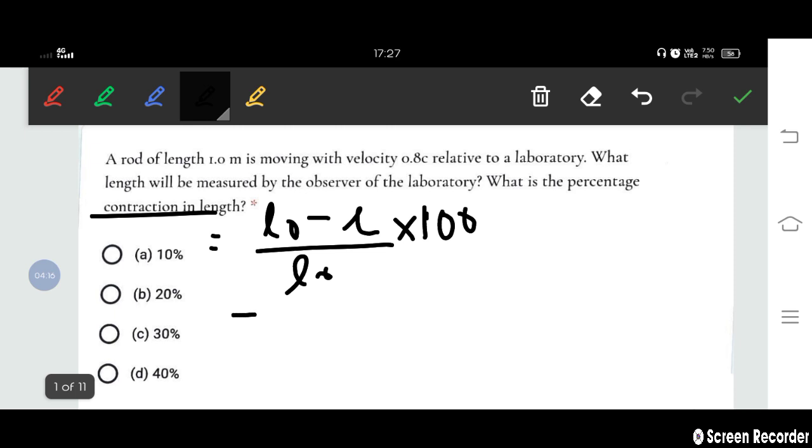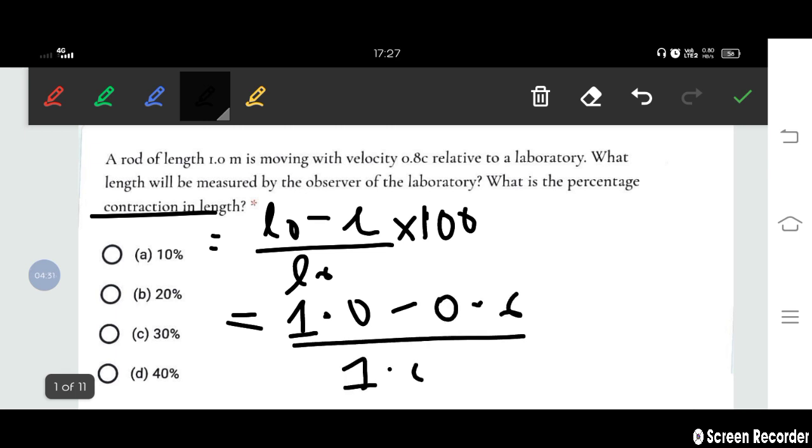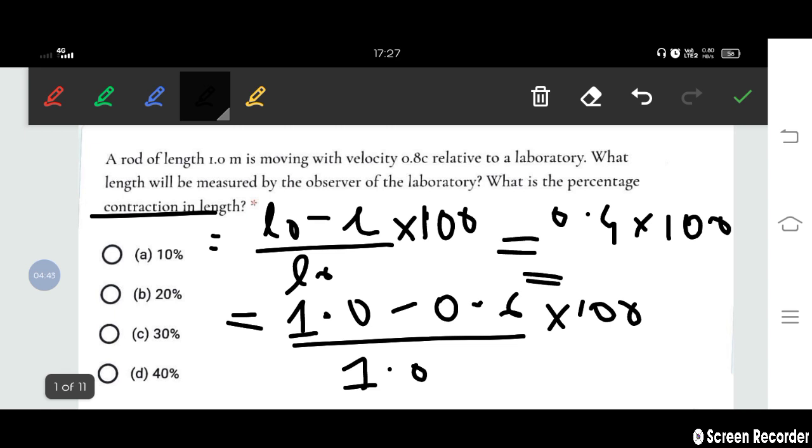So L0 was given by 1.0 and we had calculated the value of L, which was 0.6. So it will be (1.0 minus 0.6) upon 1.0 into 100. After calculating it, we will get 0.4 into 100. So it will become 40%. So here our correct option is option D, that is 40%.